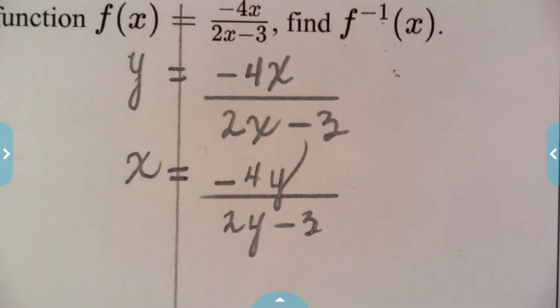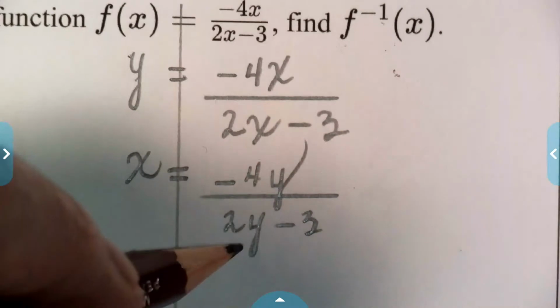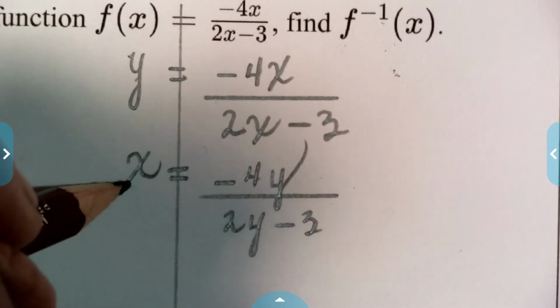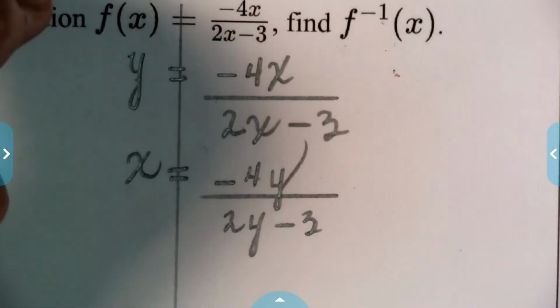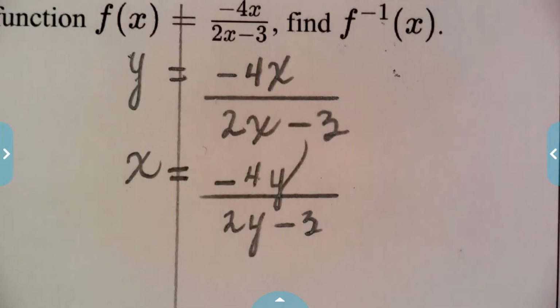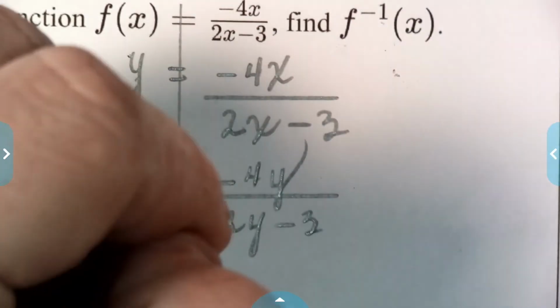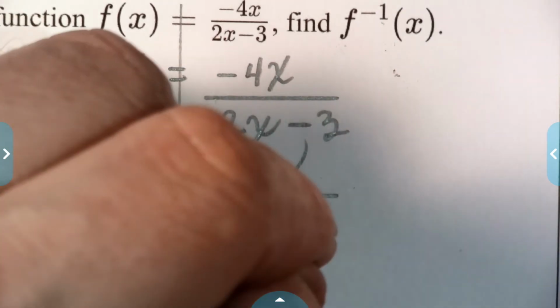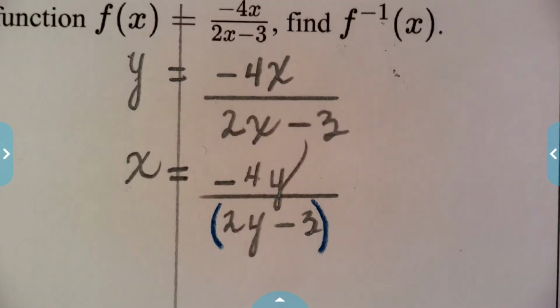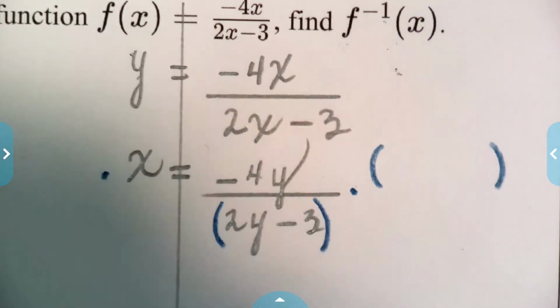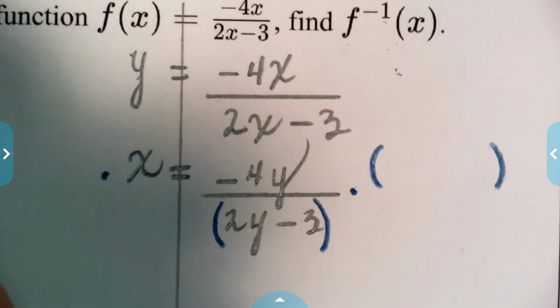Okay, so now what's the goal? The goal is to get y by itself on the left side. Okay? Well, what would be your opening chess move here? Here's what I'm going to suggest. Let's group this and multiply it over here, and then multiply it over here as well.